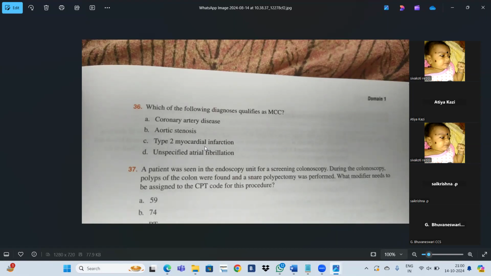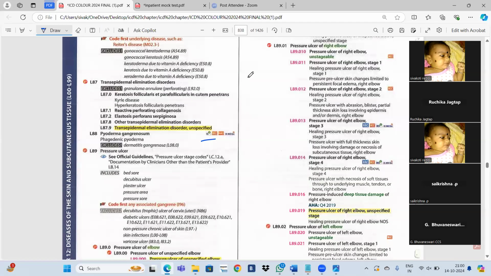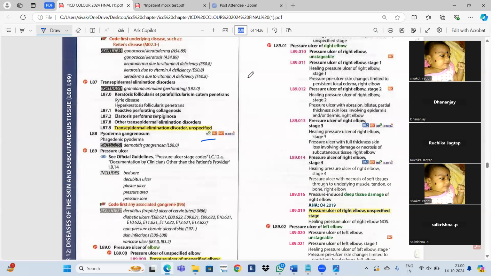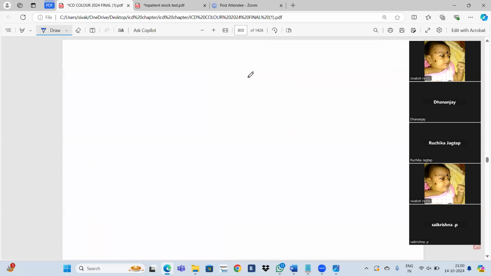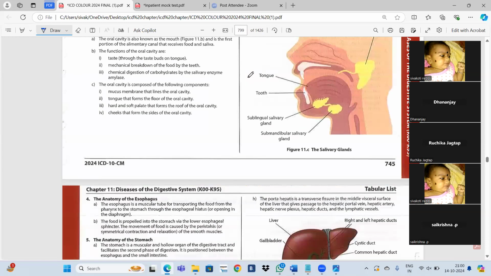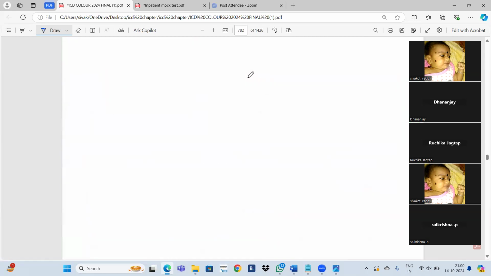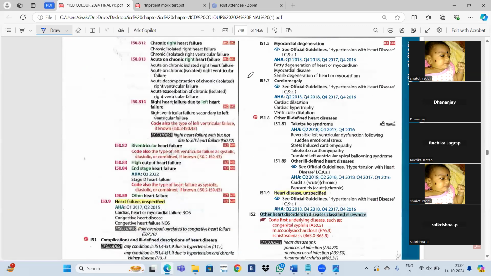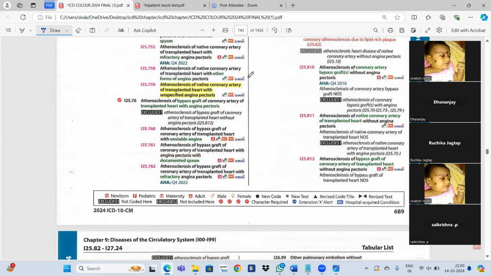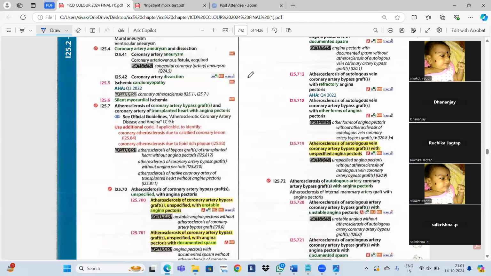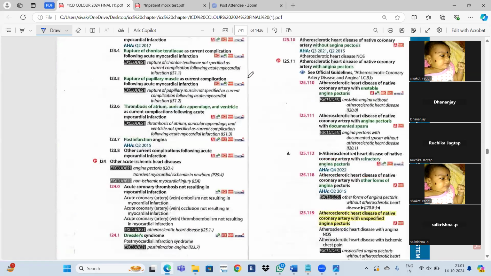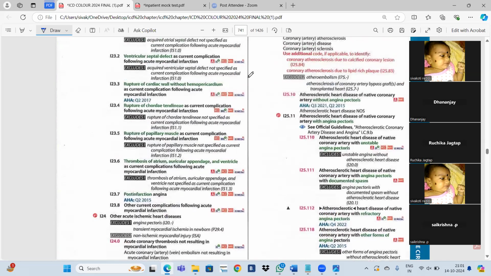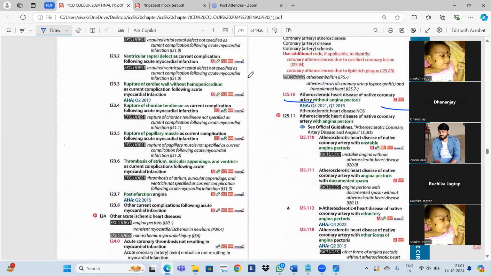So first, what is the code for coronary artery disease? I25.10, right? So it is no CC, no MCC.